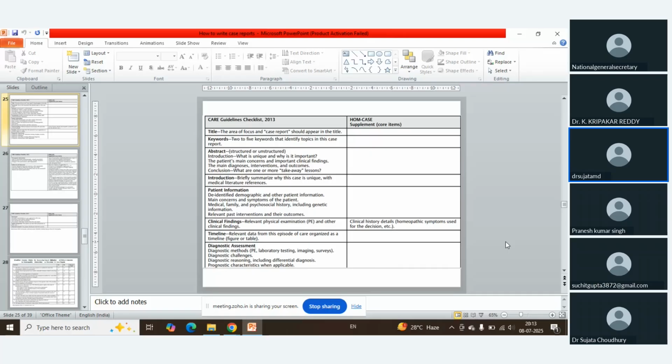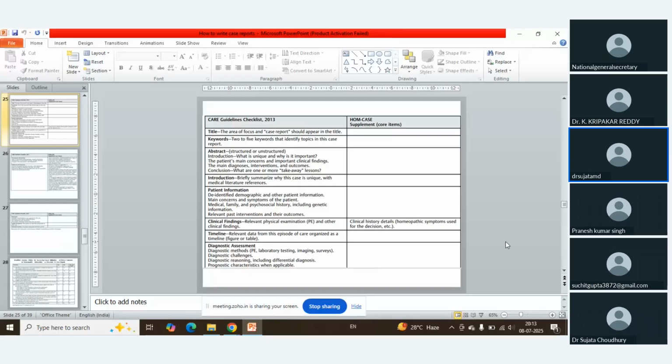After this CARE guideline, I am directly describing how the homeopathic portion will supplement it. After supplementing with this homeopathic portion, the CARE guideline is known as the HOM-CASE CARE guideline, from the homeopathic point of view. In the CARE guideline, in clinical findings and clinical history details, in the HOM-CASE guideline we supplement the clinical history detail with the homeopathic symptoms used for the decision.